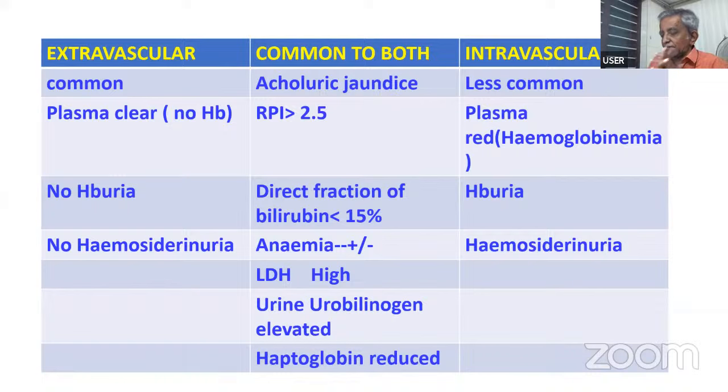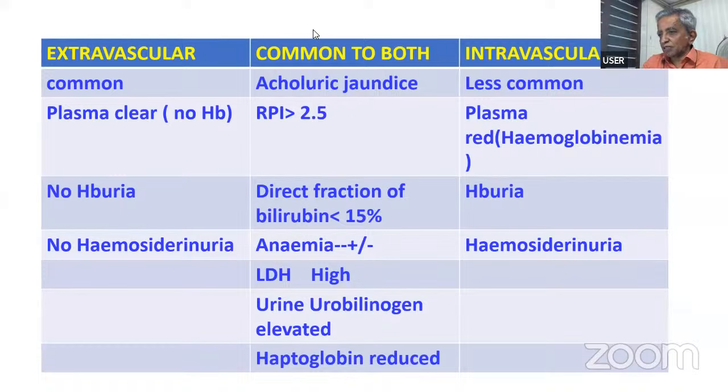To prevent that, nature has given an alpha 2 globulin which will pick up free hemoglobin and form a complex with it, which will ultimately be dealt with by the reticuloendothelial system. So haptoglobin will be reduced in both intravascular as well as extravascular hemolysis. So these are the common things. Repeating the common things: acholuric jaundice, RPI more than 2.5, direct fraction less than 15.